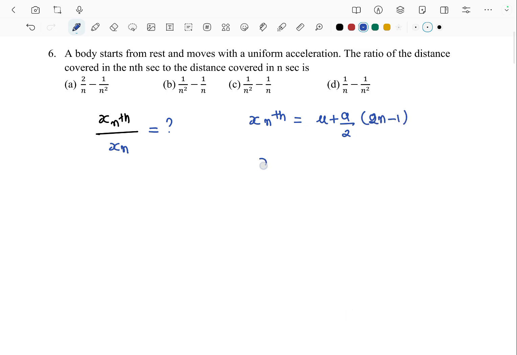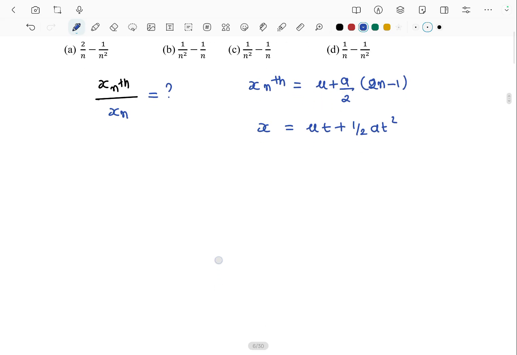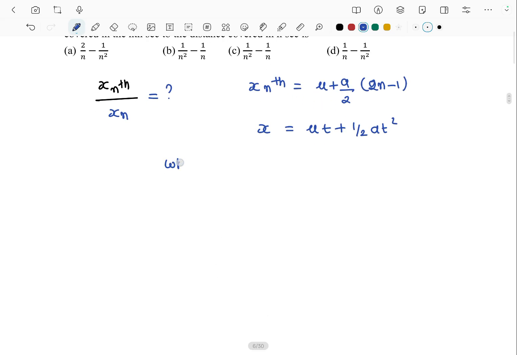And you also know the distance equation: x is equal to ut plus half at squared. The only thing we are going to take is when time t is equal to n seconds.